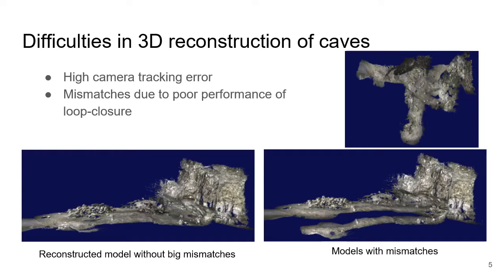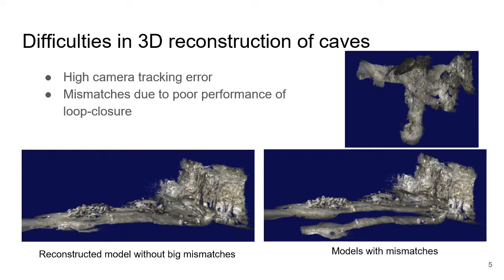And on the top right, you see two images, and those are two failure cases. Those failure cases are due to high camera tracking error, which is on the top, and mismatches due to poor performance of loop closure, which is on the bottom.